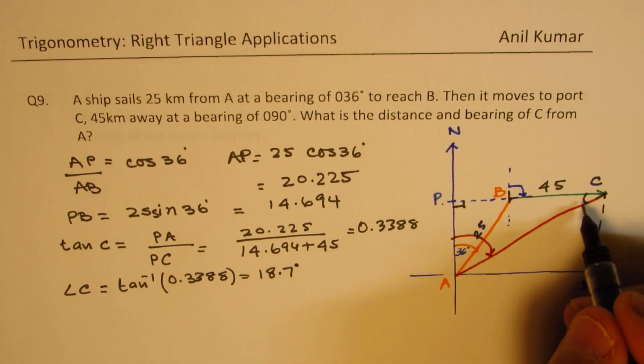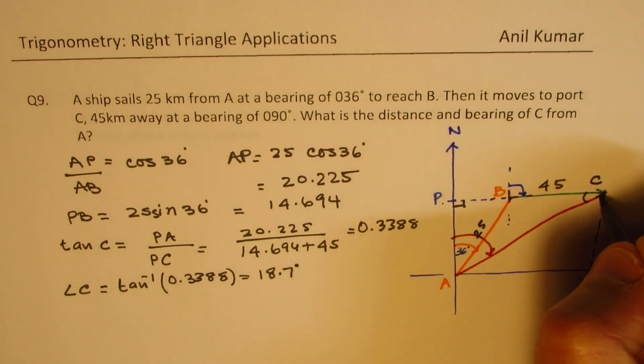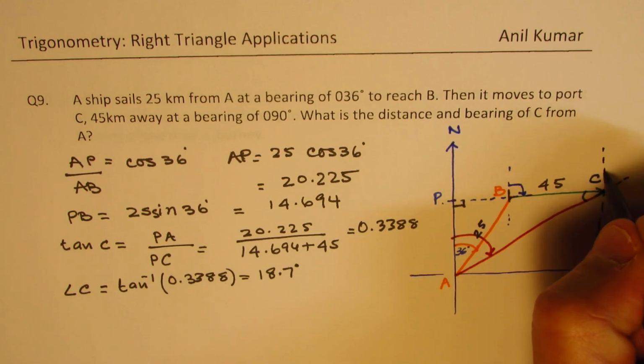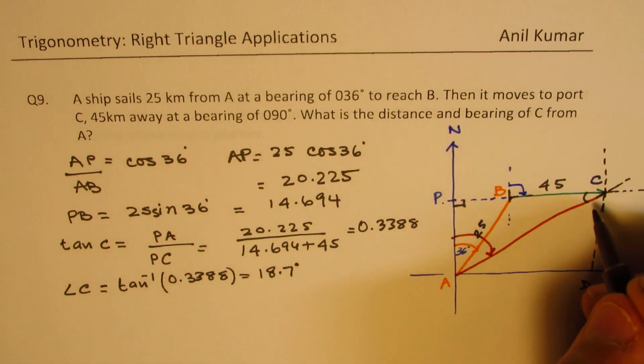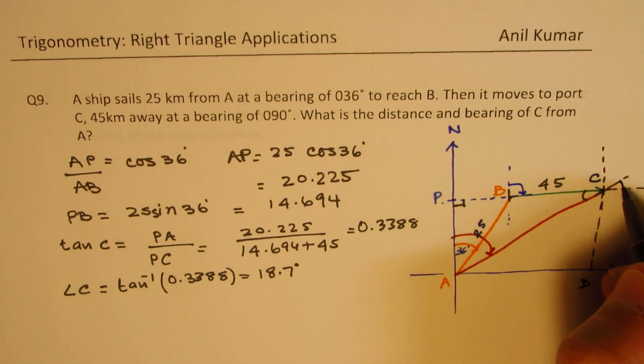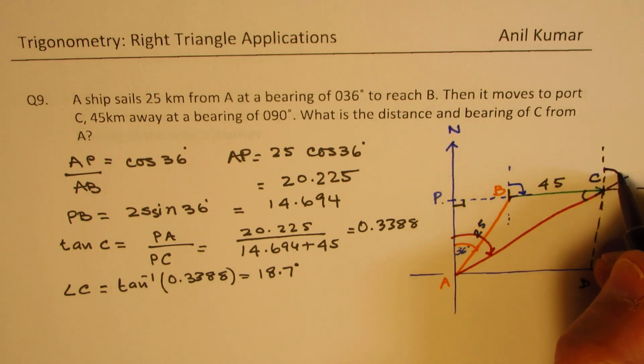So the angle here at C is 18.7 degrees. Now, once you know that angle C, we can find the bearing angle. So if you look into it, this is 18.7, right, this angle? So that is the bearing angle.